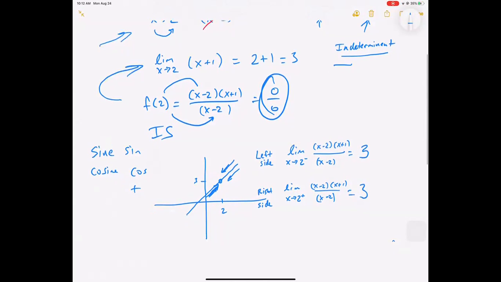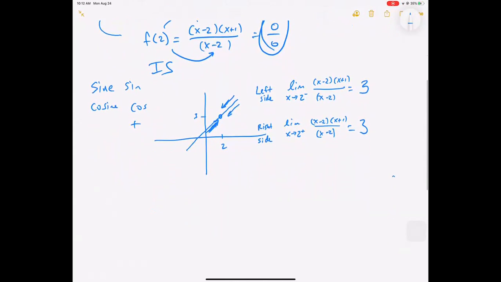So this fancy definition of writing a limit is that the limit as x approaches, let's say the letter C, of f of x is equal to the limit as x approaches C from the left, as well as the limit as x approaches C from the right.